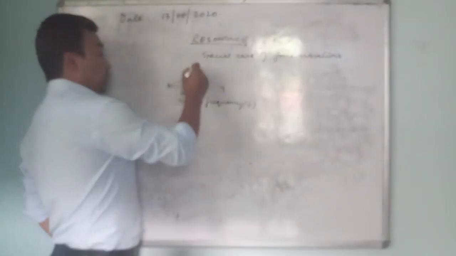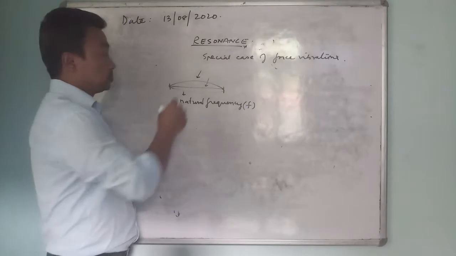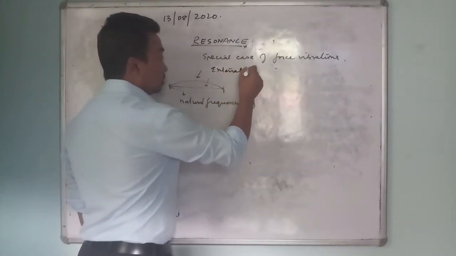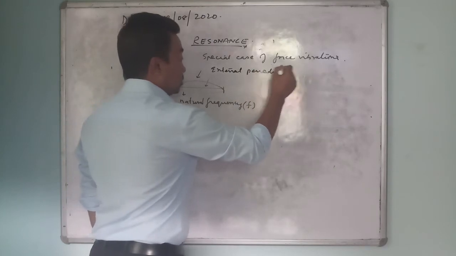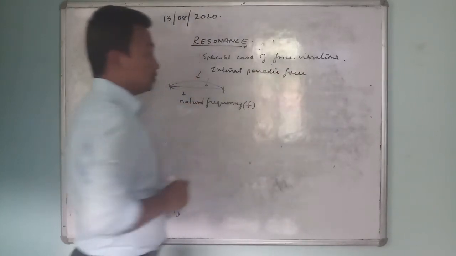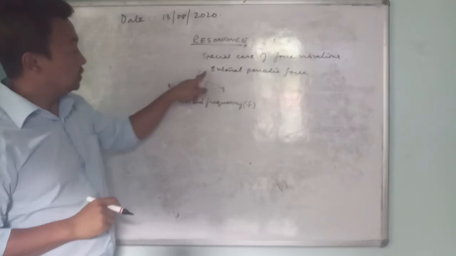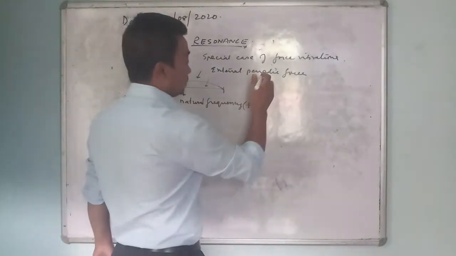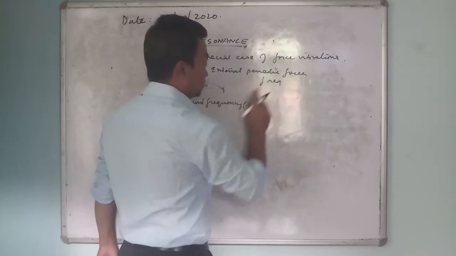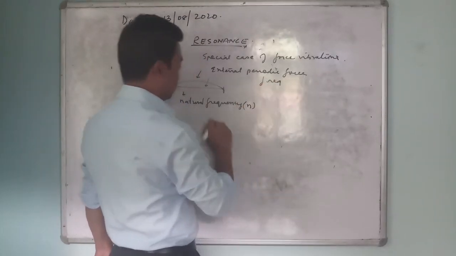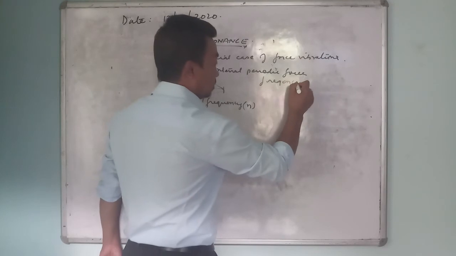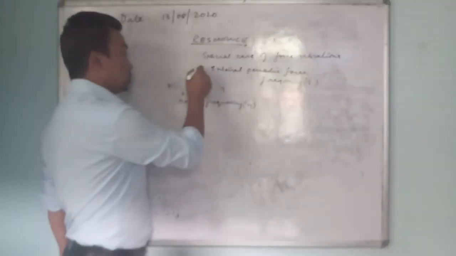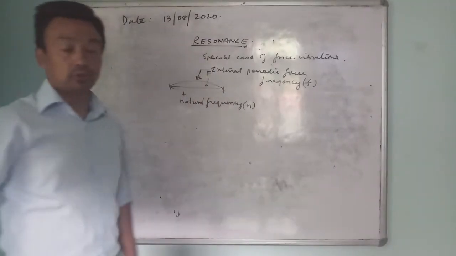But when you apply an external periodic force, and this external periodic force has its own frequency, let us say the natural frequency is n, and there is the frequency produced by the external periodic force which you have applied to the string.